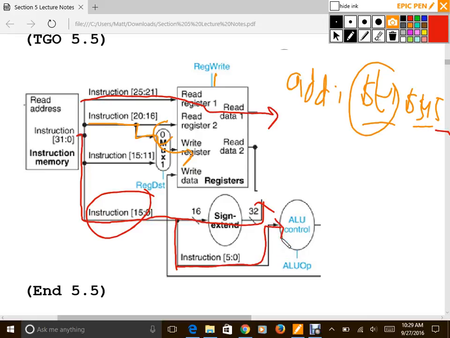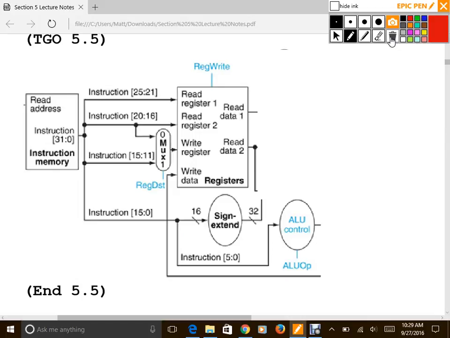The ALU control also has an ALU op here. So this is the ALU controller, which is going to send a value to the ALU here that we're going to discuss in a moment. So does anybody have any questions about the instruction decode stage?